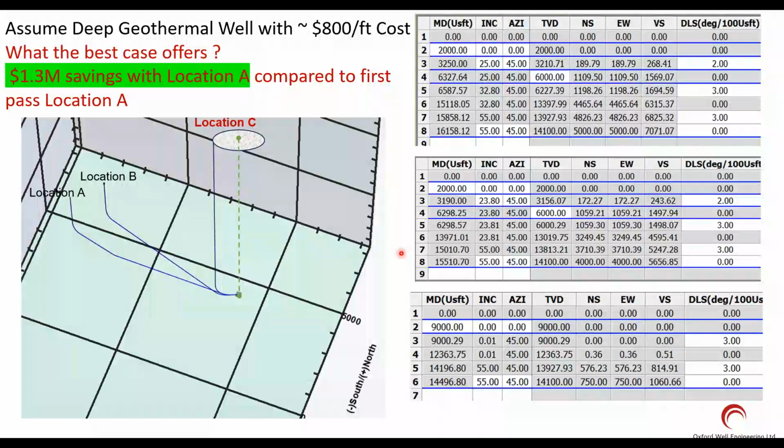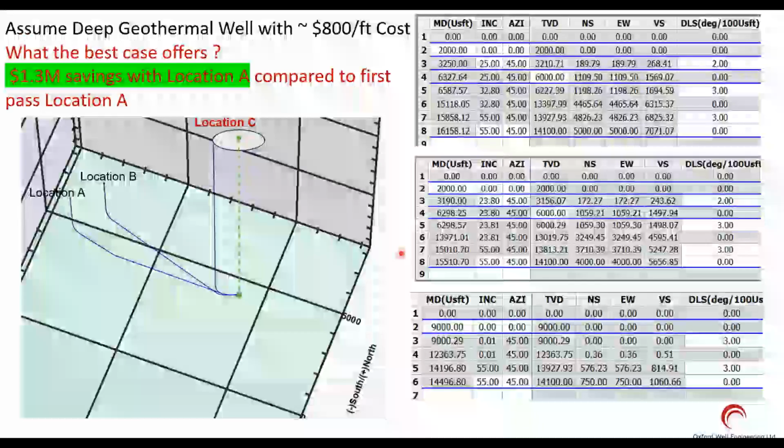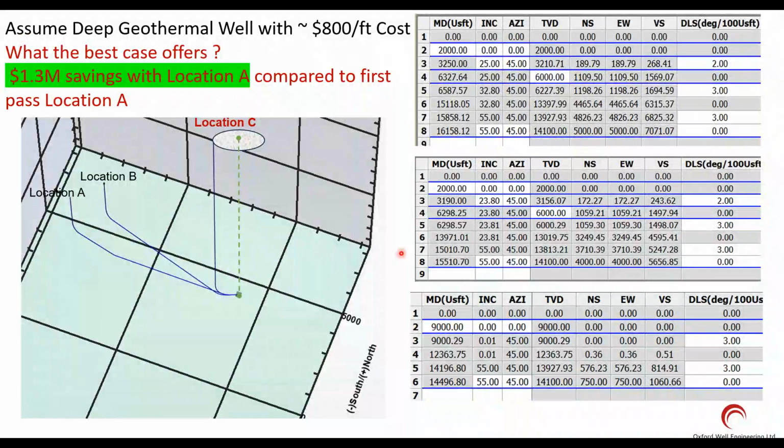Then I asked them, what is the requirement? And they told me, we have other locations available. We can go any location close to the target, but we must have 55° inclination and 45° azimuth. These two are my hard line, that any location should be able to hit.